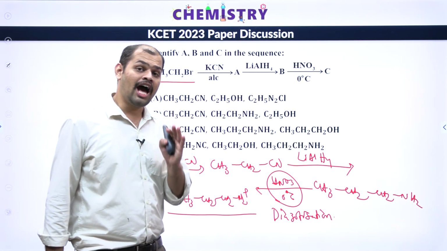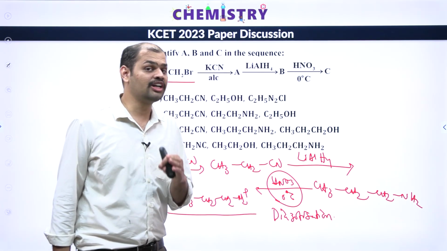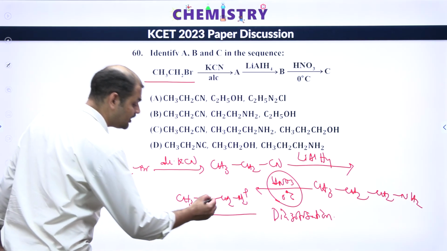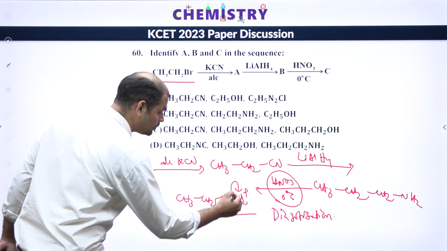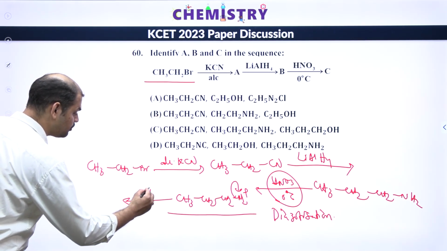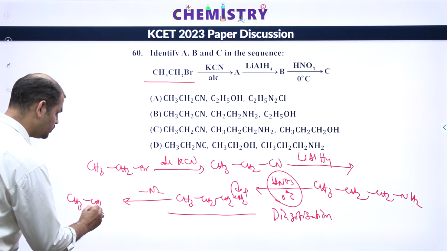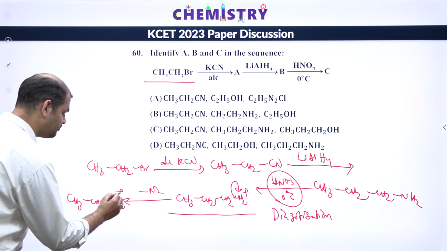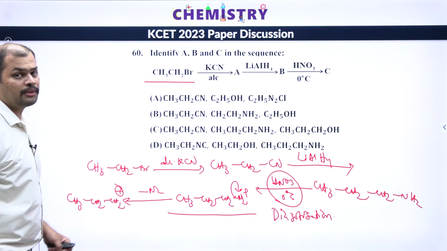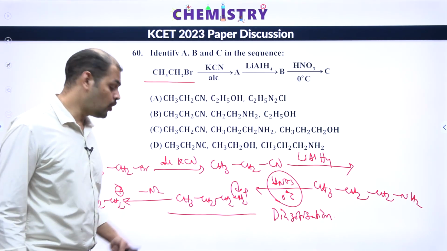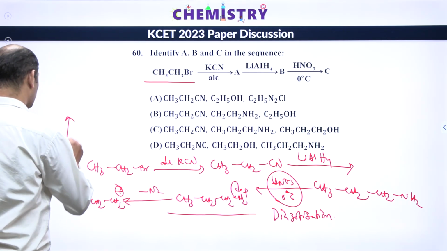But remember, aromatic diazonium salts are stable, but aliphatic diazonium salts are unstable. So that is the reason why, using its bonded electrons, N2 gas will go out. After removal of N2 gas, you will get CH3CH2CH2 with a positive charge. Is it clear? Now from the moisture it will take an OH minus ion.